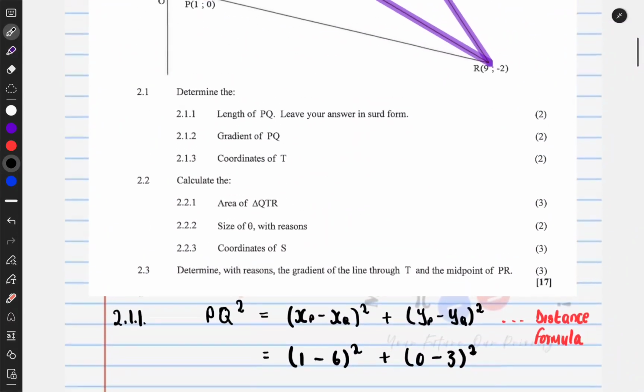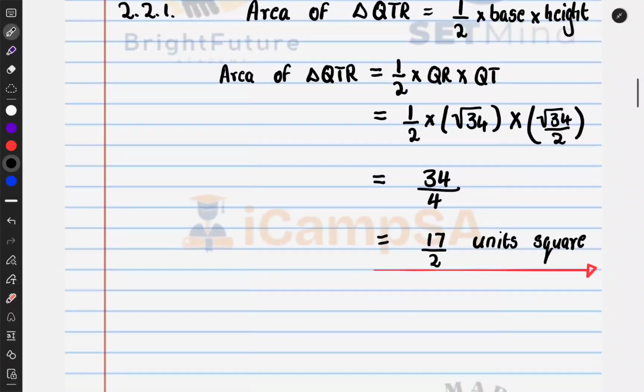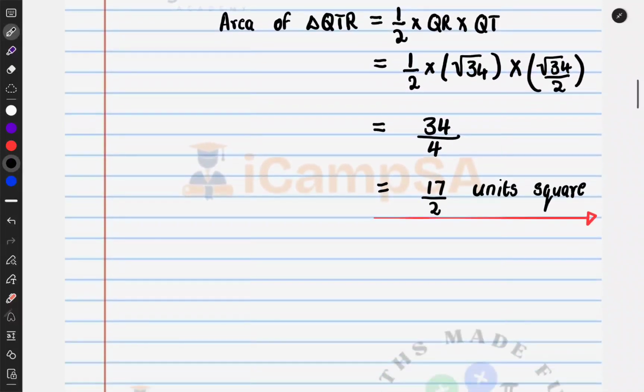This is 2.2.2, size of angle theta. For 2.2.2, I think that one is the easiest one.